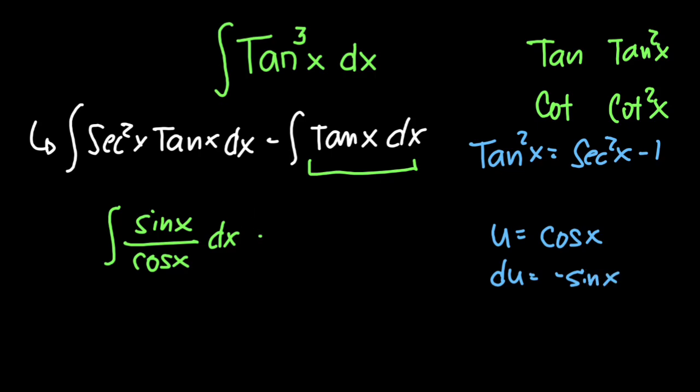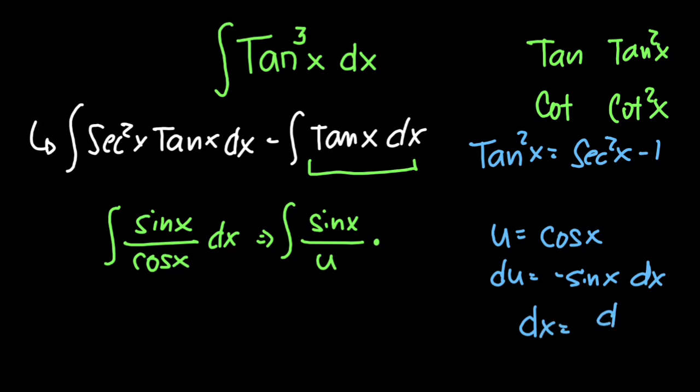So replacing this, it would be equal to the integral of sine of x over u, multiplied by dx, which is equal to du over negative sine of x.